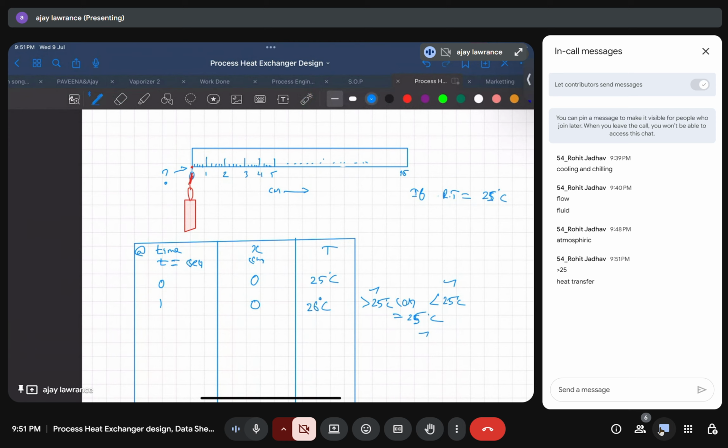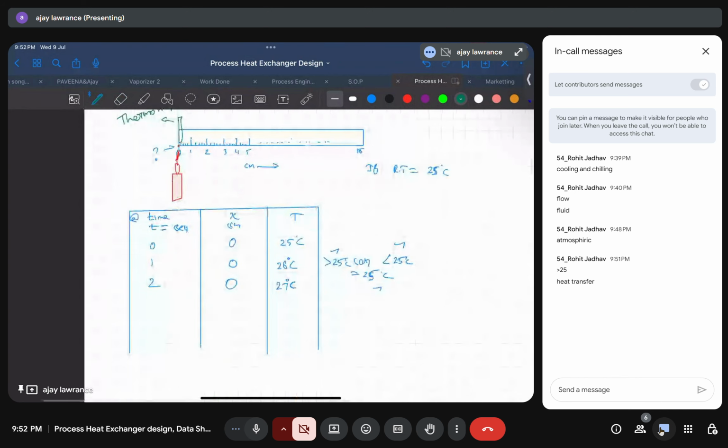After 2 seconds, at the same place 0, what would be the temperature? Say, for example, 27 degrees Celsius. This is just an example. If I'm conducting an experiment and keeping a thermometer here, using the thermometer I'm writing all these readings.